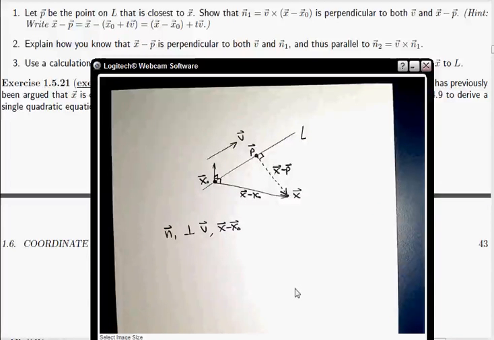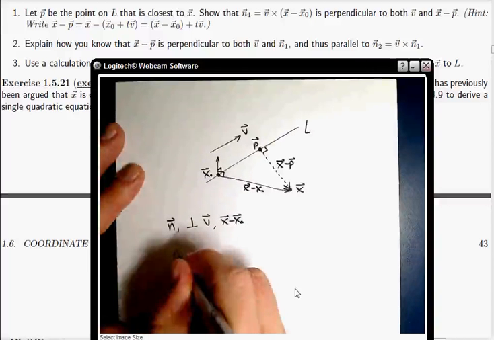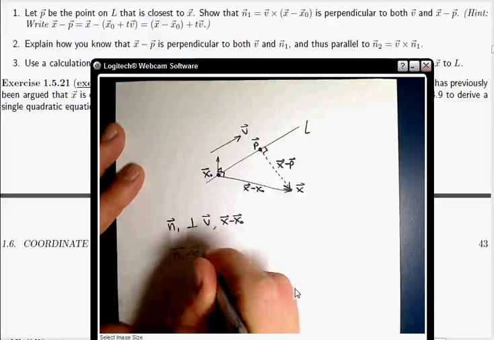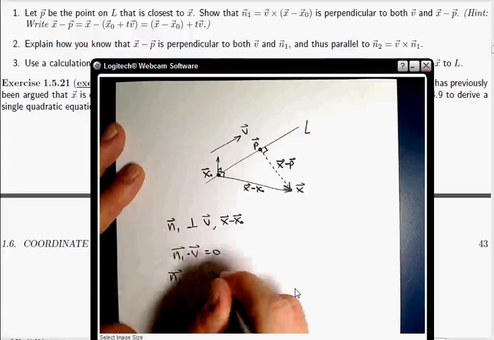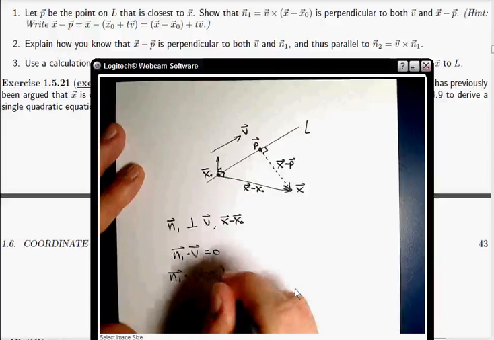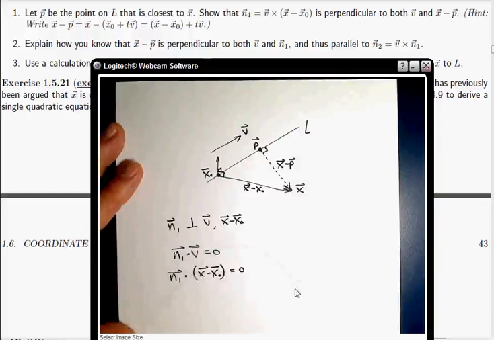But let's write down the algebra, because I know that N1 dot V is equal to 0. I also know that N1 dot X minus X naught is equal to 0.